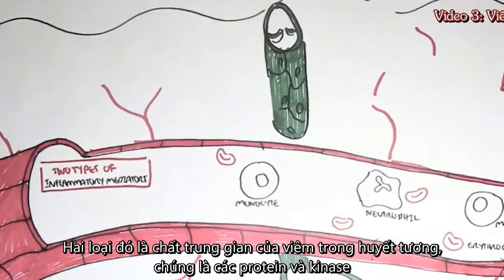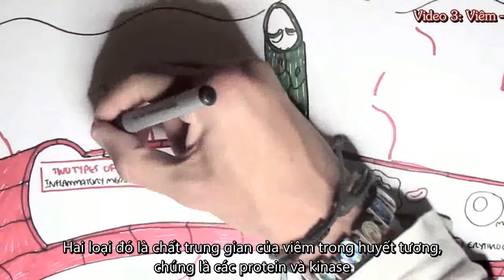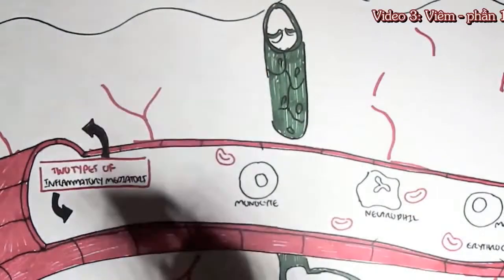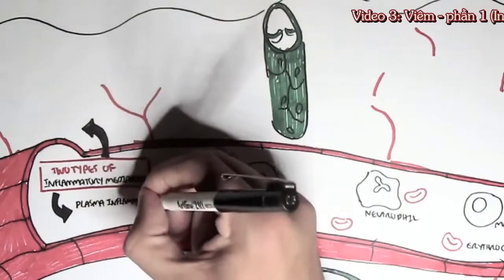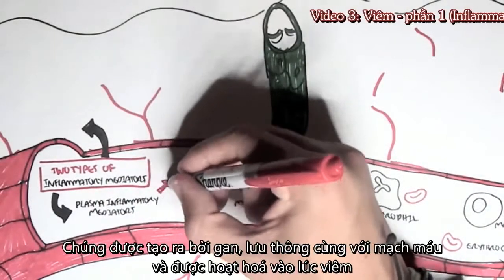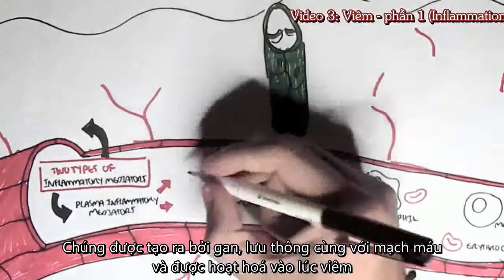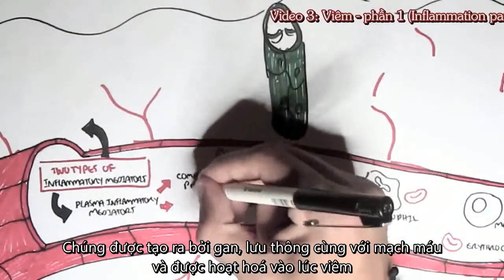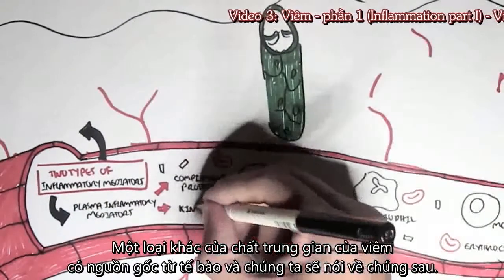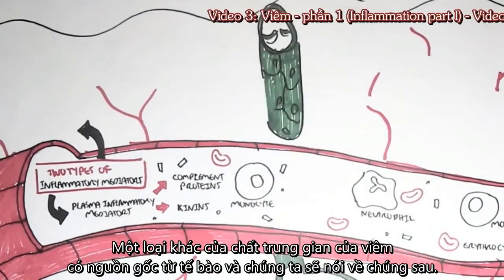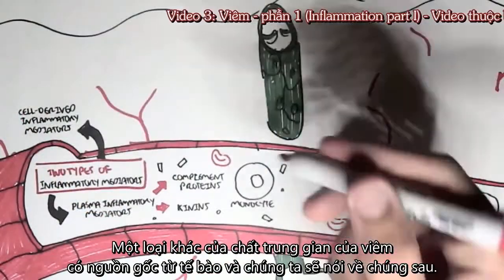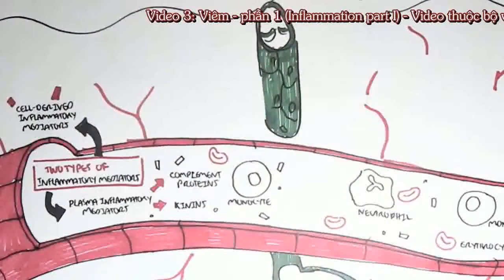The two types are the plasma inflammatory mediators, which are the ones that are circulating, and these are the complement proteins and the kinins. They are made by the liver and they circulate within the blood vessel and are activated upon inflammation. The other type of inflammatory mediator is a cell-derived inflammatory mediator, meaning that they come from cells. And we'll talk about them soon enough.